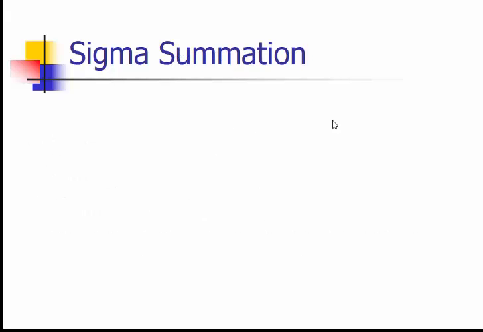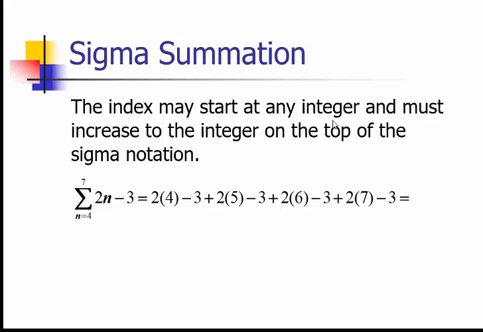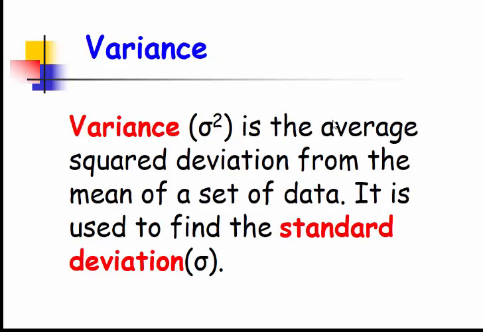It's 200. The index may start at any integer and must increase to the upper limit of the sigma notation. Here we didn't start at 1, we started at 4, and we're calculating 2n minus 3 where n varies from 4 to 7. So 2 times 4 minus 3, etc. If you were to calculate that, it would be 32.